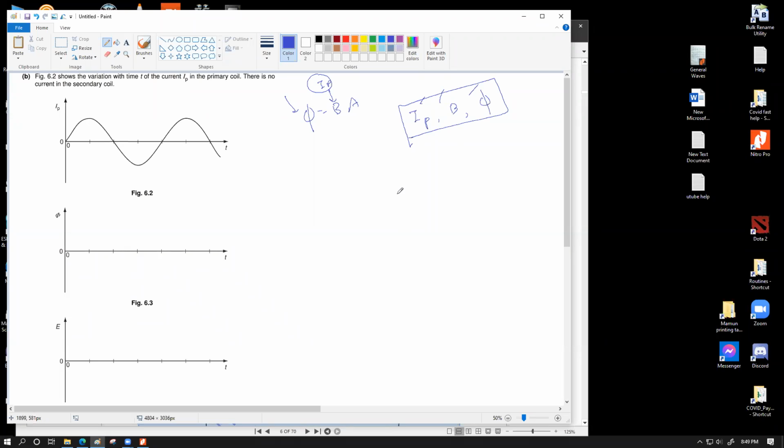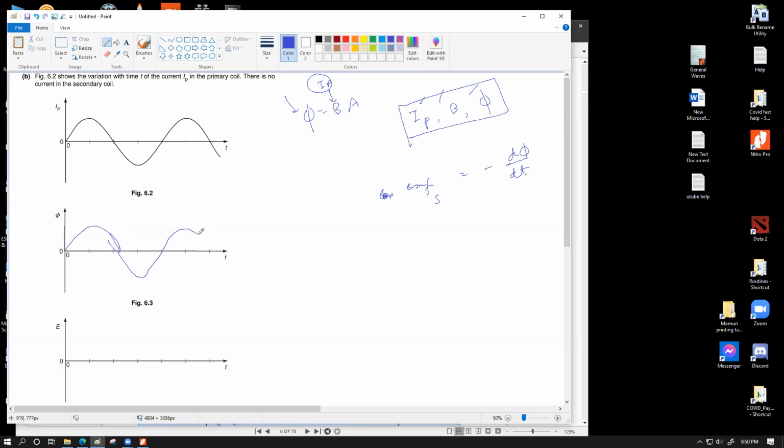However, if you consider the EMF generated on the secondary coil, so I'm going to write EMF of the secondary coil, that is given by minus d phi by dt. So to get the graph of the induced EMF on the secondary coil, we have to get the differentiated graph of the primary coil, and then again we have to make it reverse, minus. So what you can see over here is that for the primary coil we have a sine curve, so the phi would also be the same shape, a sine curve.